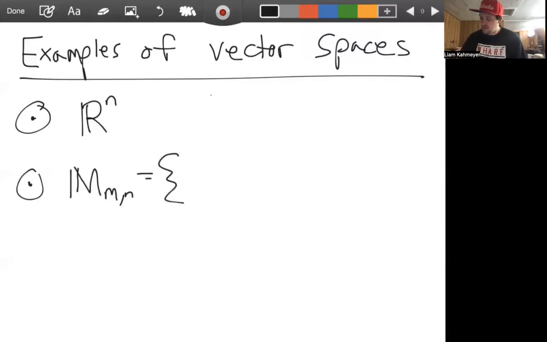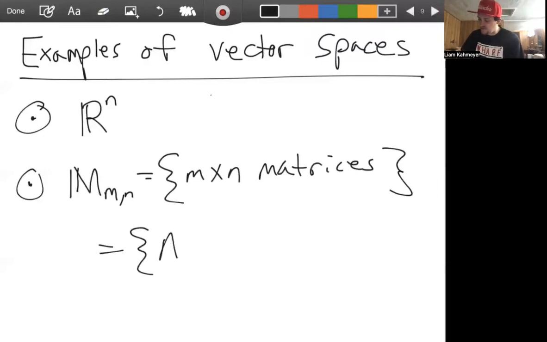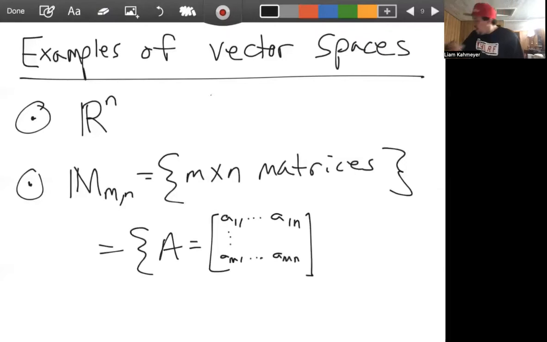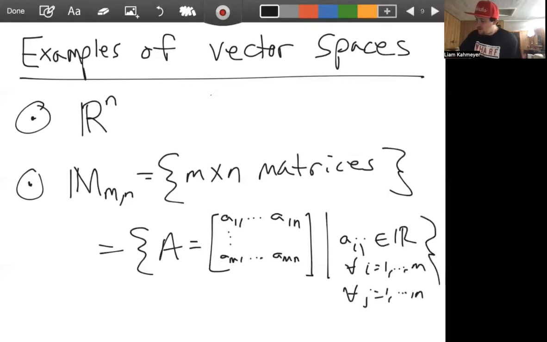This is the set of all m by n matrices, i.e., the collection of matrices A with entries A11 through A1n, down to Am1 through Amn, such that Aij is an element of the reals for all i from 1 through m, and for all j from 1 through n.